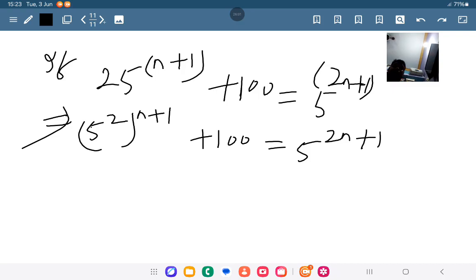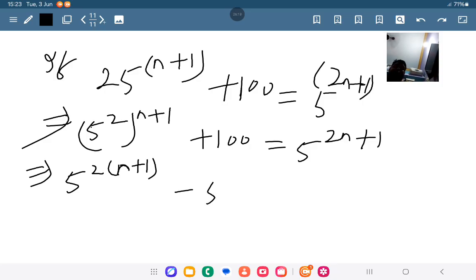Clear? So now it will multiply: 5 to the power 2 into (n plus 1), a to the power m whole power n is a to the power m into n. Here just bring this from right side to left side.